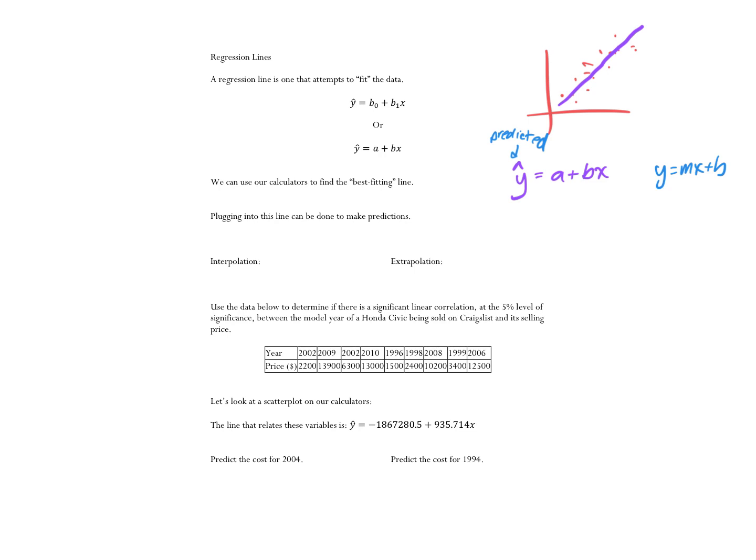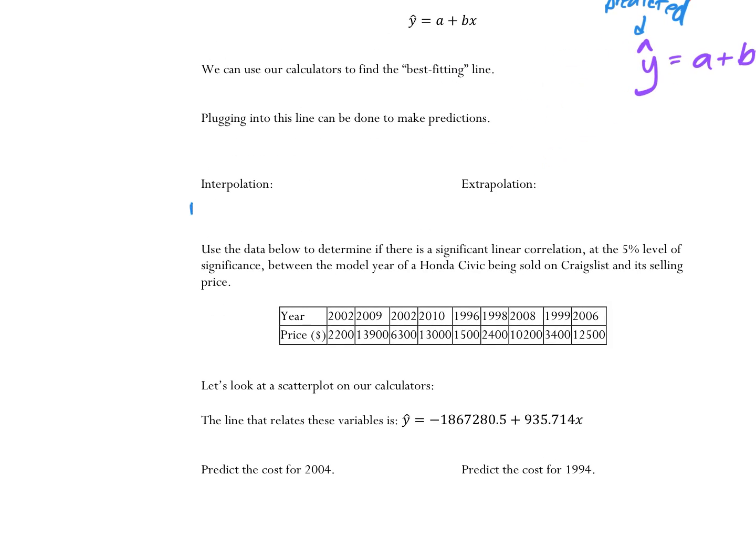All right, and interpolation is predicting inside the data range. And interpolation is lovely. We like it. Okay. Extrapolation is predicting outside the data range. And that one makes us sad.